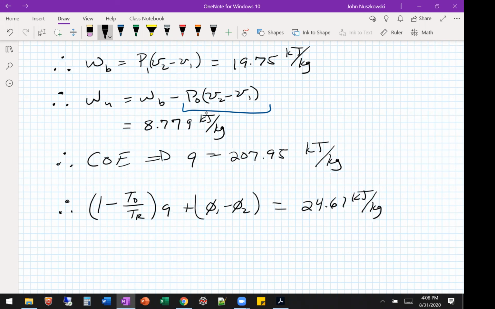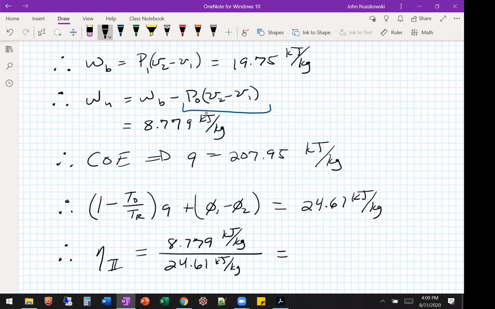So then our second law efficiency is 8.779 kilojoules per kilogram divided by that 24.61 kilojoules per kilogram. We get 0.3567 or 35.7%.